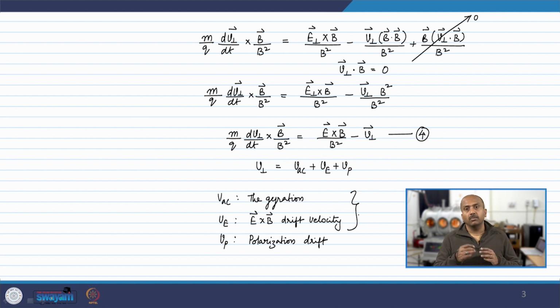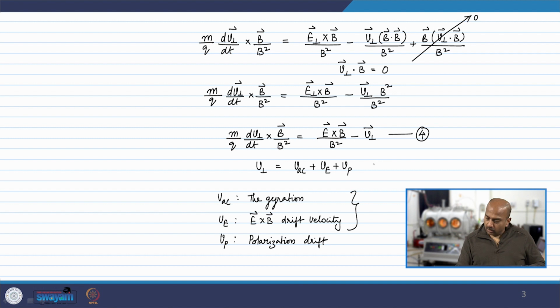So Vx square plus Vy square put together is executing the circular motion or the gyration, right. Then the second thing is this constant E cross B by B square. This is the constant drift velocity. Now the moment the electric field is no longer constant, it will contribute to another drift velocity which is called the polarization drift velocity, right.